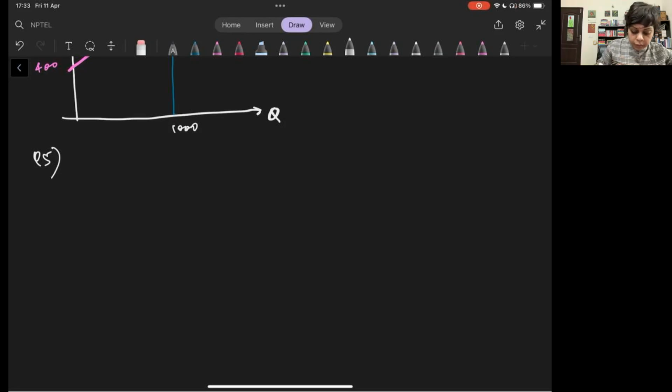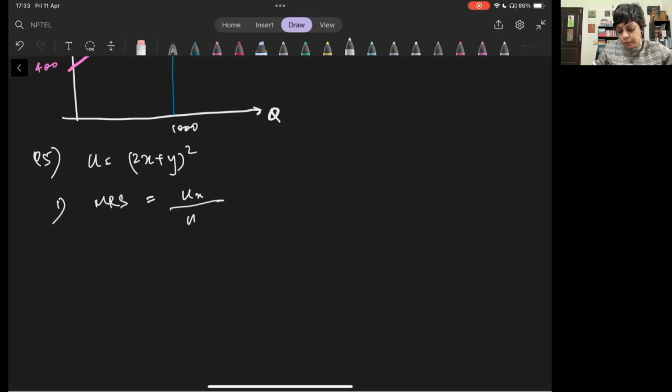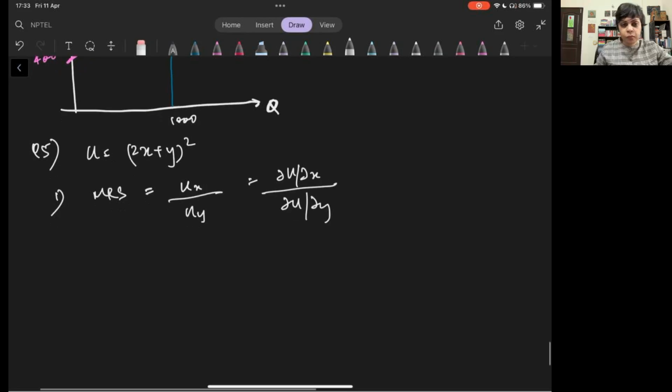We are given that u is equal to (2x plus y) whole square. The first part just asks us to calculate the MRS. MRS is nothing but u_x upon u_y, which is del u by del x over del u by del y.